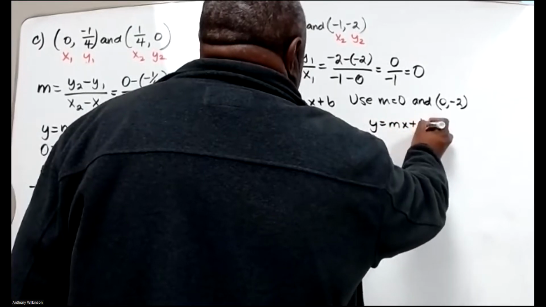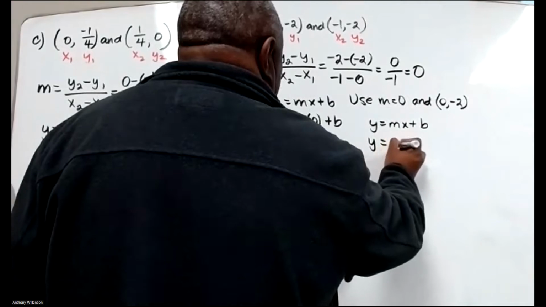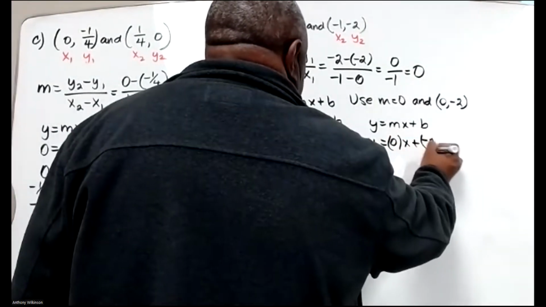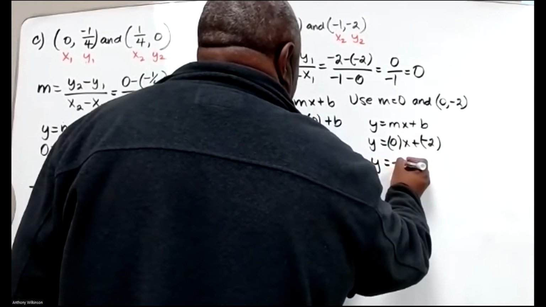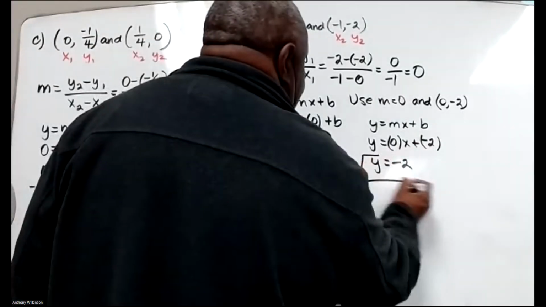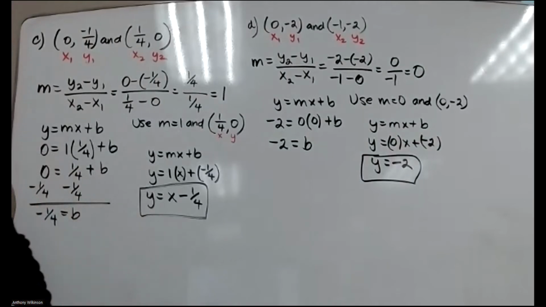So we just substitute the slope of 0 and the y-intercept of -2. So y equals 0 times x plus -2. This will be 0, so you're left with -2. So the equation y equals -2 is the equation of the line passing through those two points. All right, any questions about that example number 5?